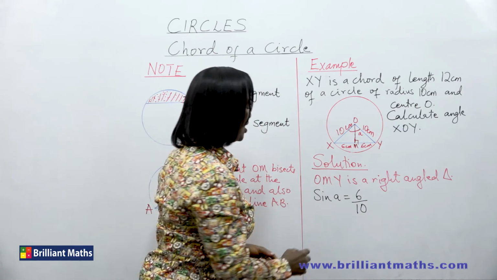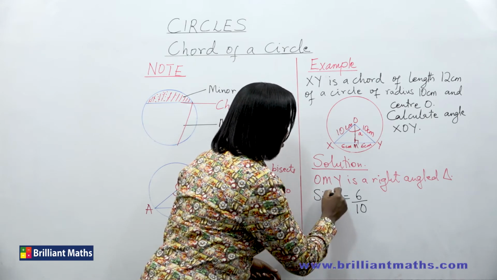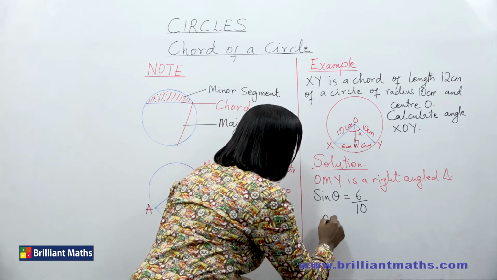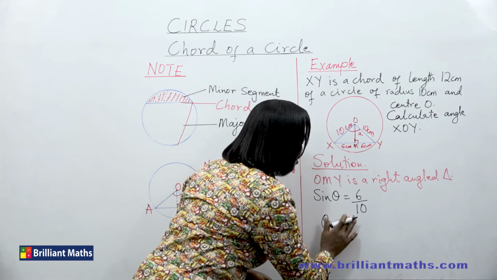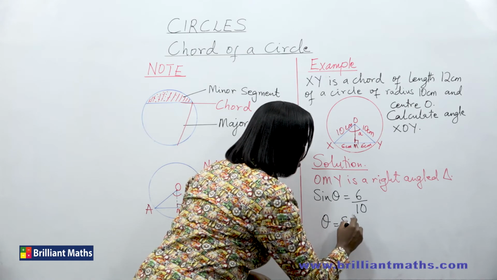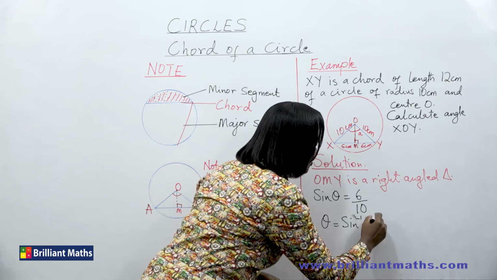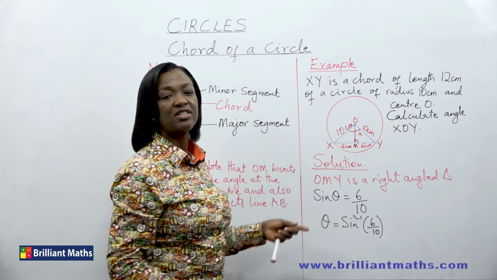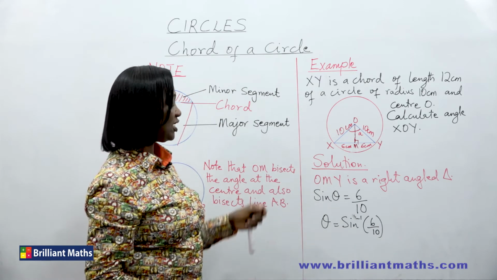So we can call sine A theta so that it's familiar. So theta then will be equal to the sine inverse of 6 over 10. So put that in your calculator and you will get 36.87 degrees.